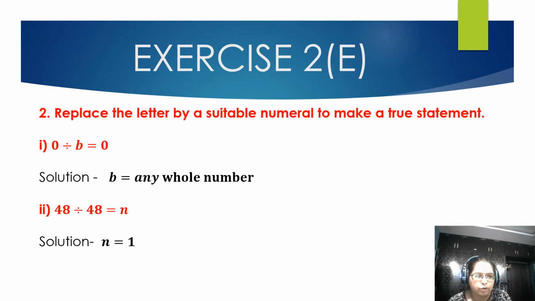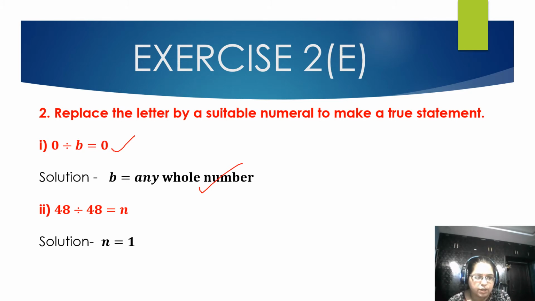Now solve question number 2, and question number 2 is replace the letter by suitable numeral to make a true statement. First bit is 0 divided by b equal to 0. We know 0 divided by any whole number we get 0 only. So b can be any natural number, or b can be any whole number.